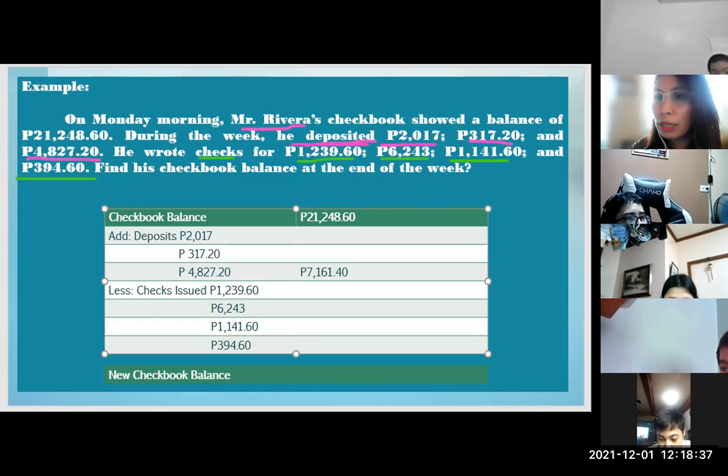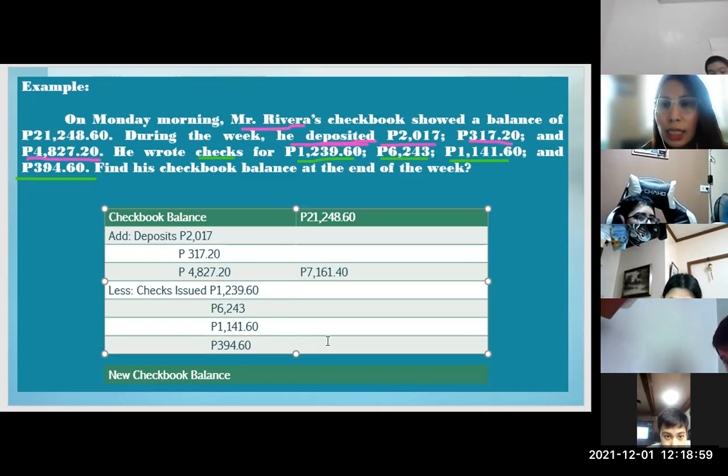So, sige, kindly help po. How much are the total amounts issued? Na cheque. On the checks, how much? How much ang total on the checks issued?